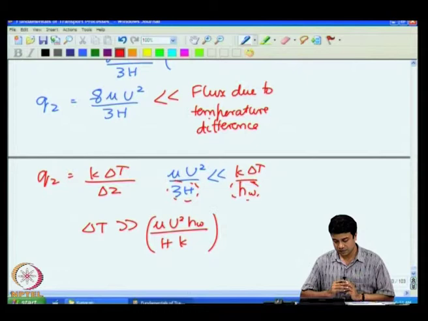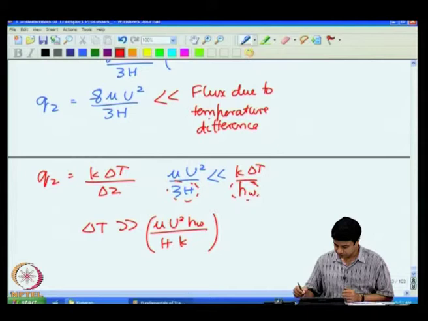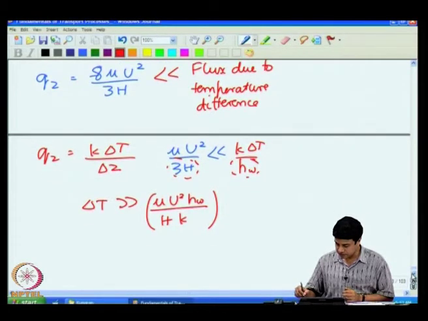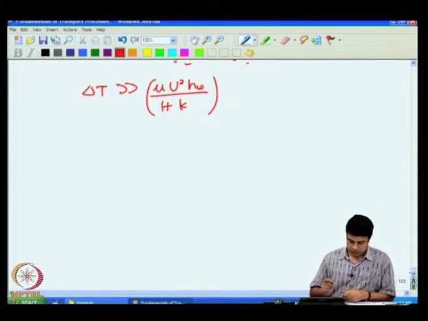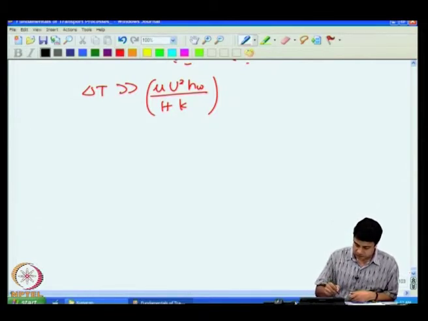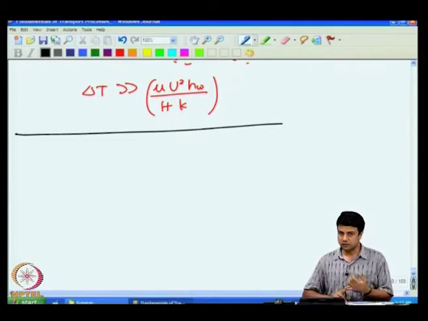And if the Brinkman number is small, then I can neglect the heating due to viscous friction in comparison to the heat flux due to temperature difference across the tube. So, we solved problems where there are sources and sinks for momentum transfer. We solved two problems.